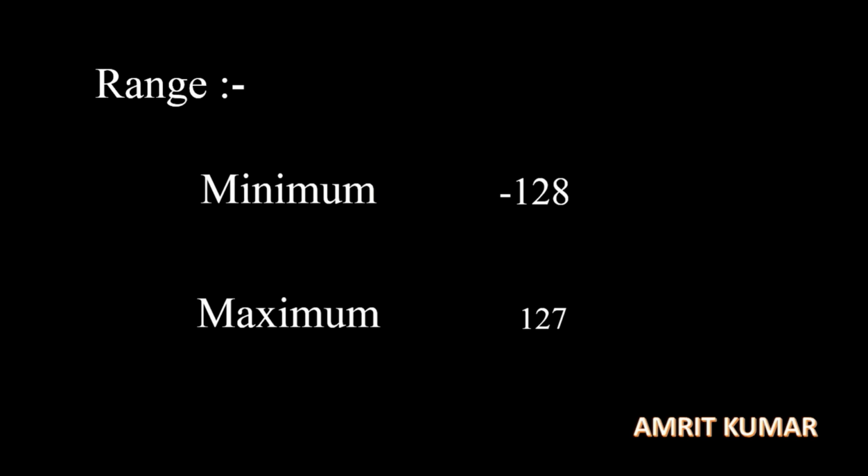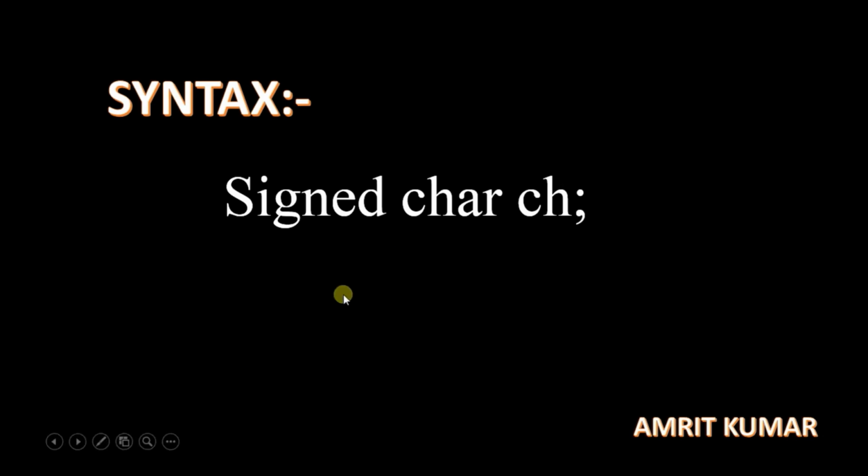So what happens is that the variable is going to carry the minimum and maximum range that it can allow. That maximum value is 127 and the minimum value is minus 128. So suppose you declared this ch, this variable name is of character data type and of signed modifier.